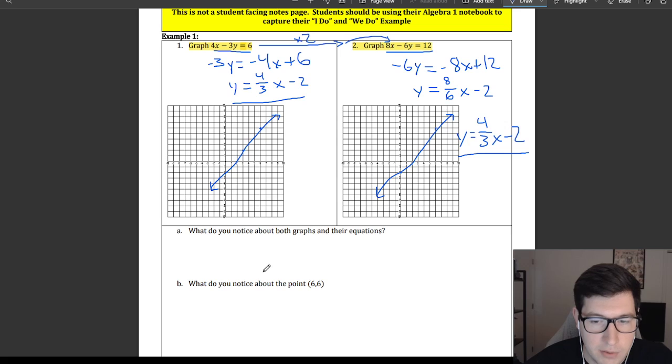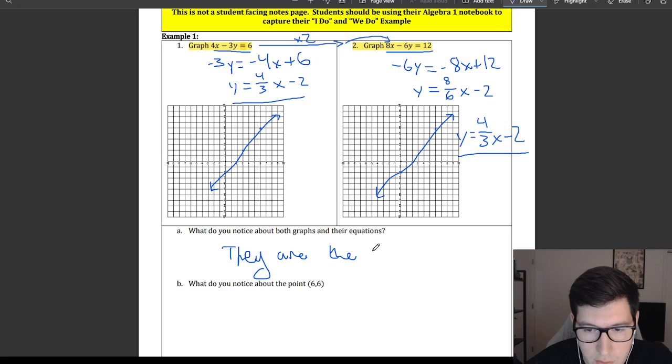So again, what do we notice about these graphs and their equations? We notice that they are the same. These two here, although they look different to begin with, are identical.